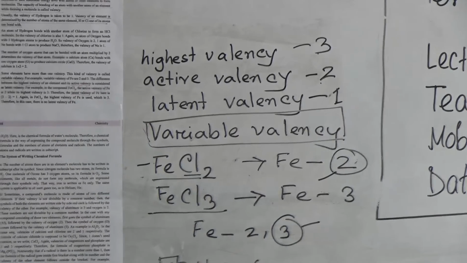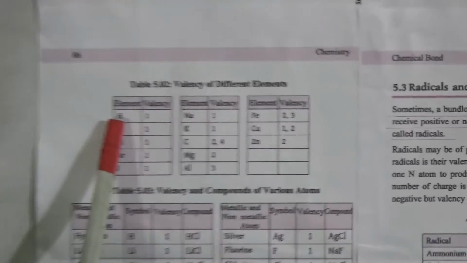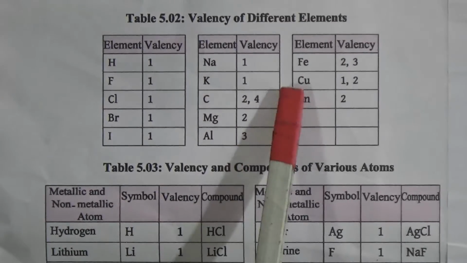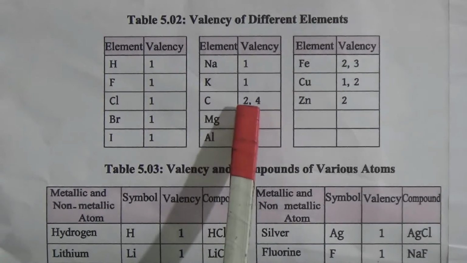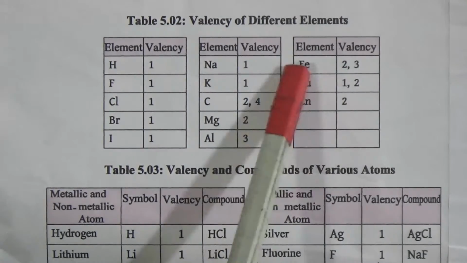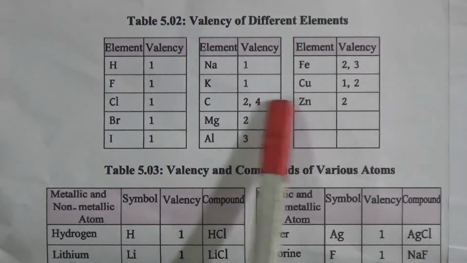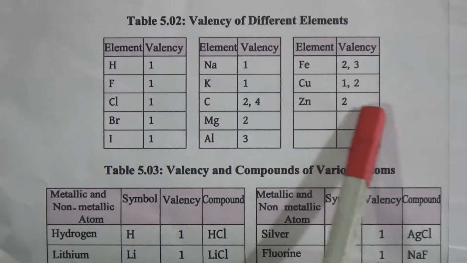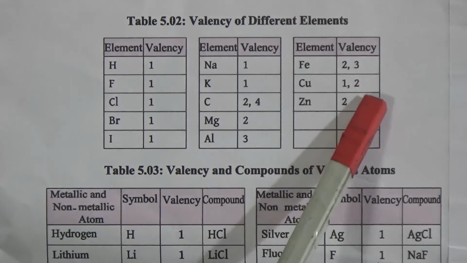Now here are the valencies of different elements. The valency of hydrogen is 1, fluorine 1, chlorine 1, bromine 1, iodine 1, sodium 1, potassium 1. Carbon has 2 and 4, magnesium is 2, aluminum 3, iron 2 and 3, copper 1 and 2, and zinc has only one valency, which is 2.